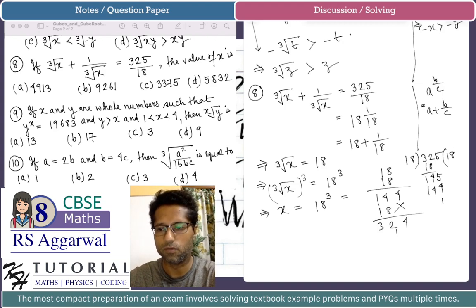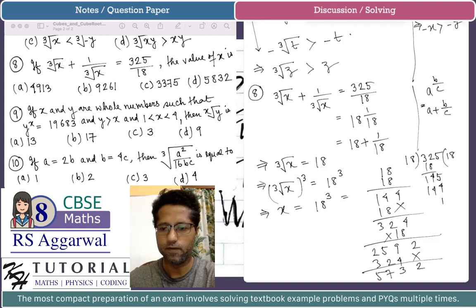So 324 again multiplied by 18 will be 5,832.